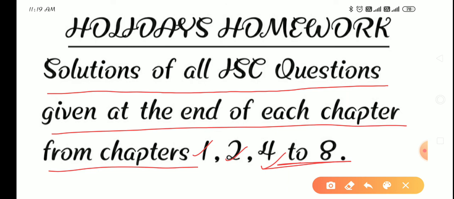In this exercise, ISC questions are given, meaning questions which came in board exams in previous years. So from chapters 1 to 8, from each chapter you have to do these ISC questions.